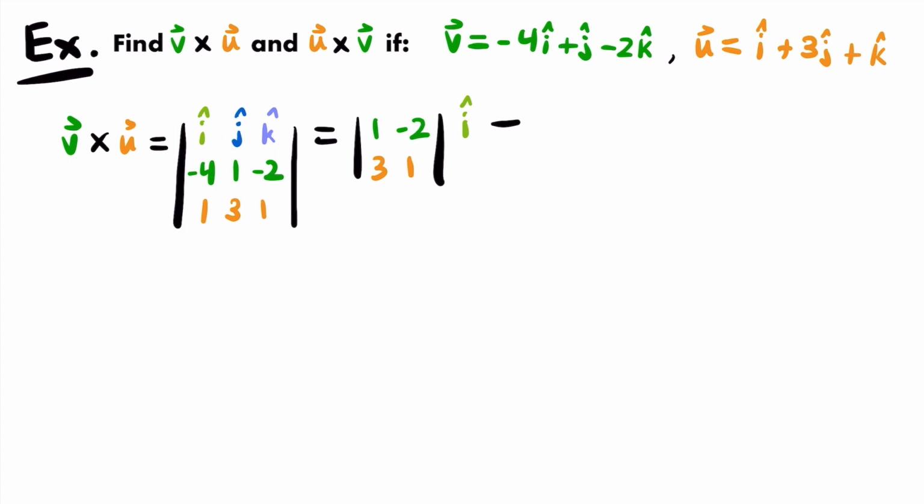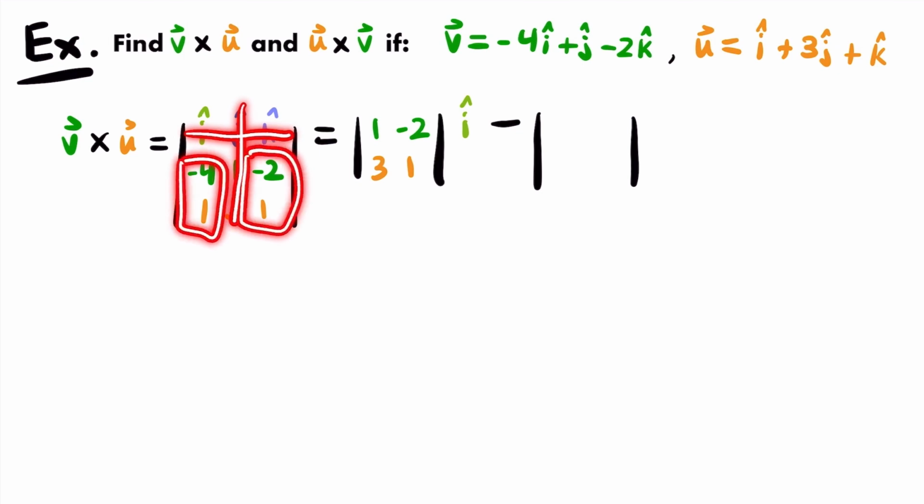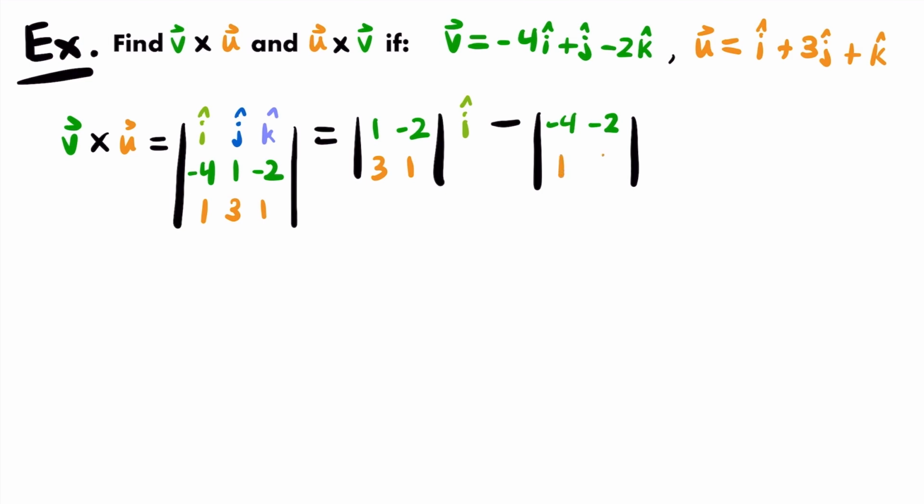We look at vector j, cross out the row and the column that vector j is in, and then the remaining 4 values will make up our 2 by 2 matrix. So we have -4, -2, and then 1 and 1, and that will be multiplied by vector j.